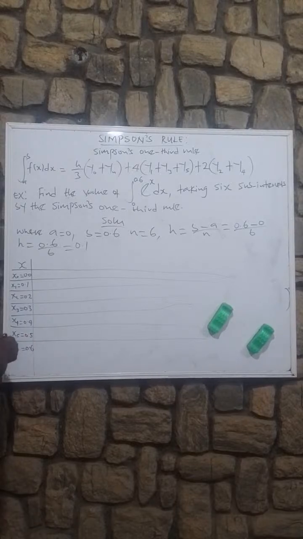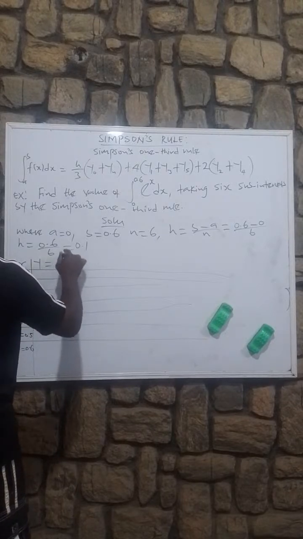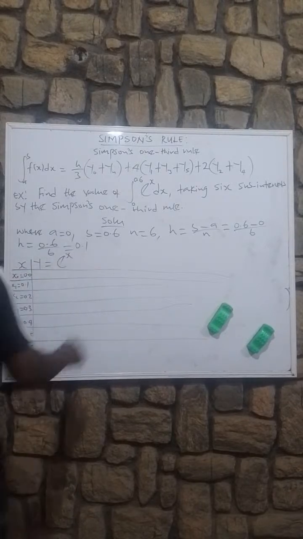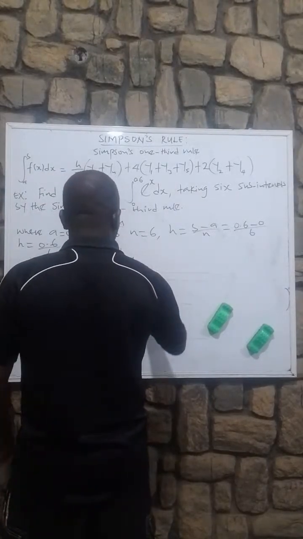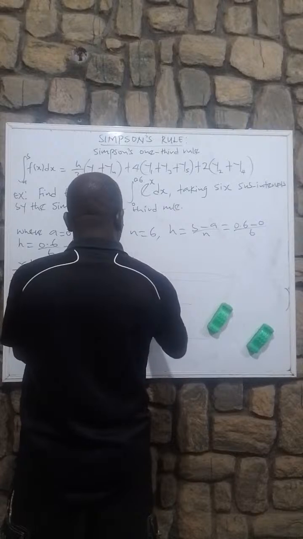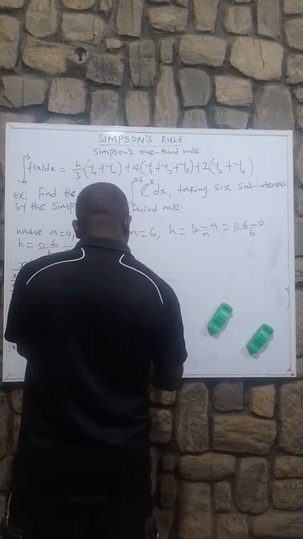Okay, so this is our y, and our y is equal to exponential x. So here is y0, y1, y2, y3, y4, y5, up to y6.